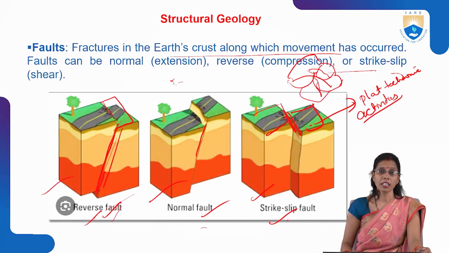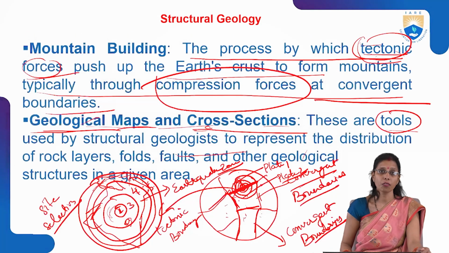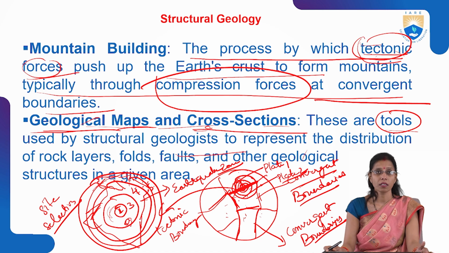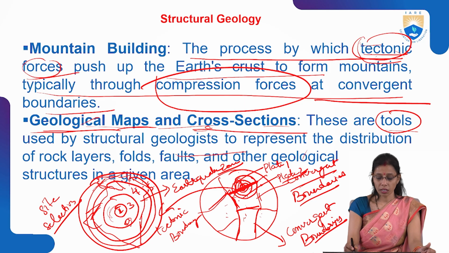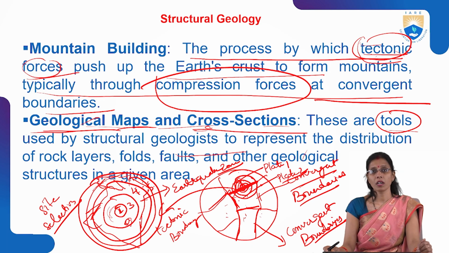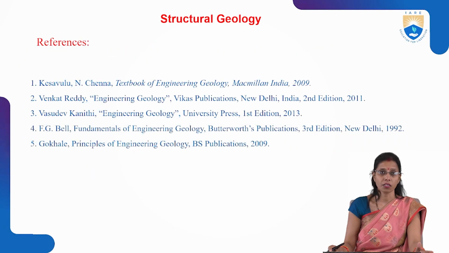So what kind of layers are formed beneath the earth's surface will be known through the study of geological maps, and with the help of the geologist also. So the distribution of rock layers, folds, faults, and other geological structures in the given area. Structural geology is very important in engineering geology for proper site selection.